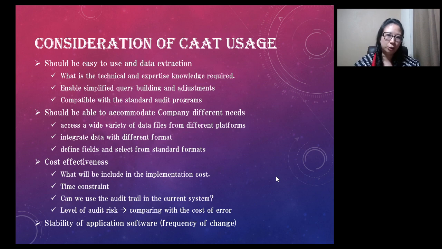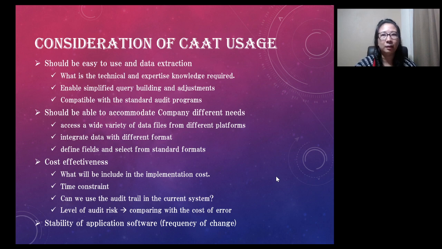If the software keeps changing, in terms of version or environment, such as the data format or user data changing many times, then maybe we cannot use the CAAT tool, because it is meant for stable or mature software.